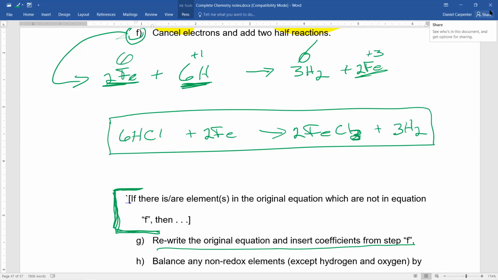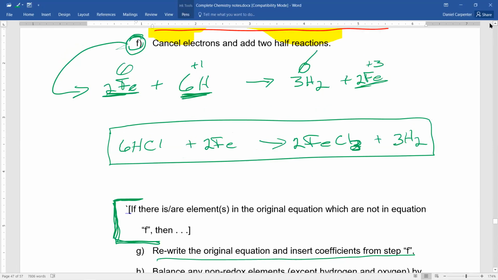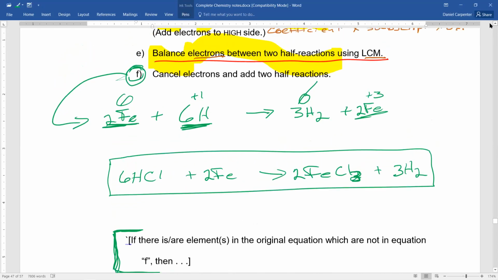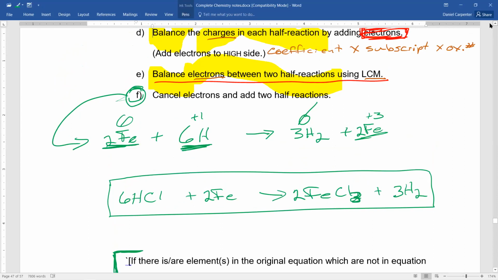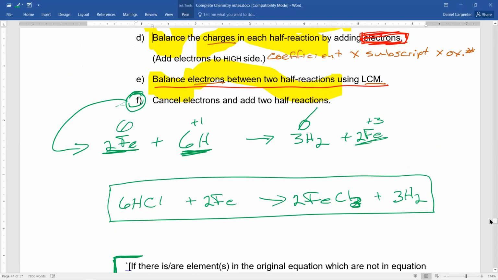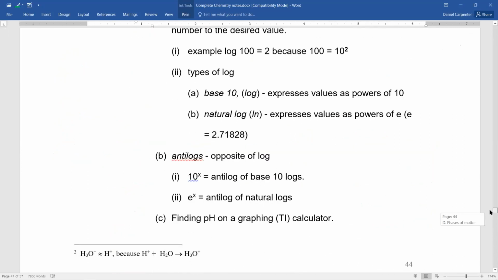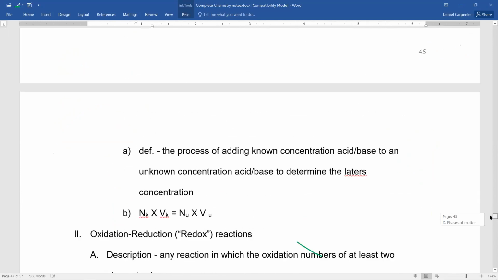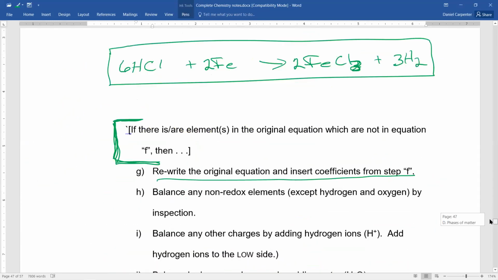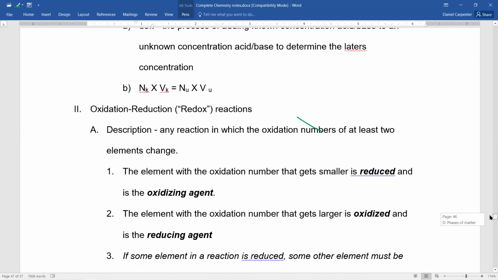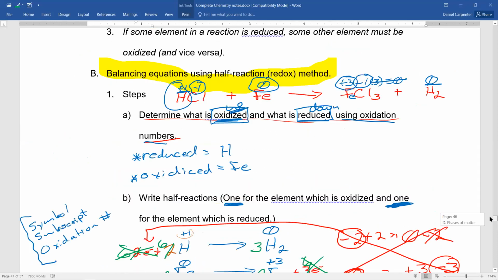It was in the original equation, which is right there. So we had the Cl and the Cl in the original equation. Okay.